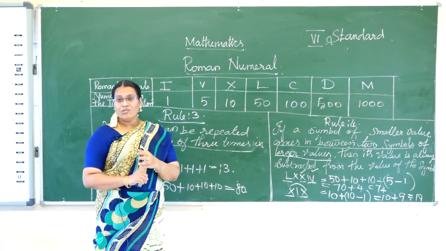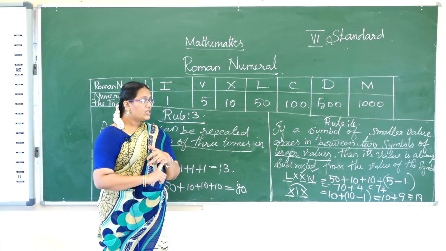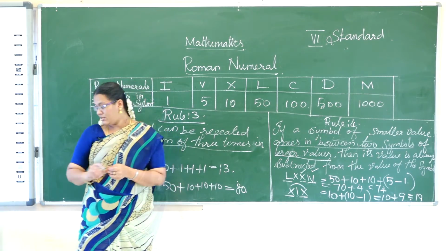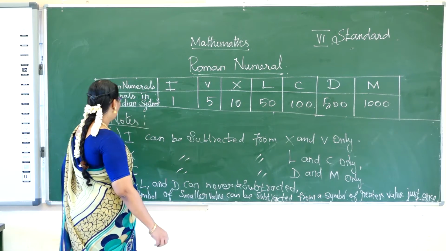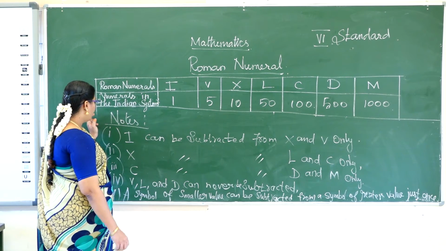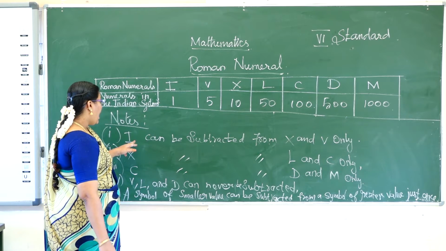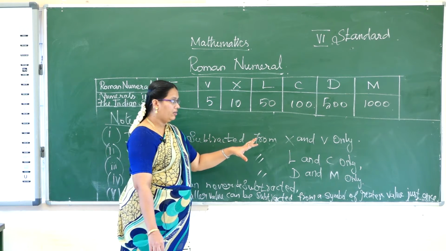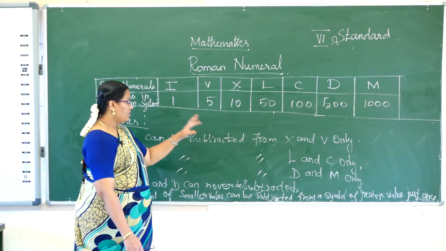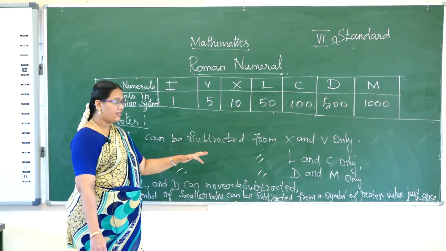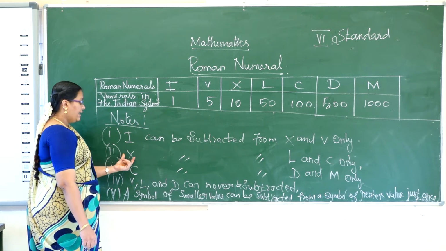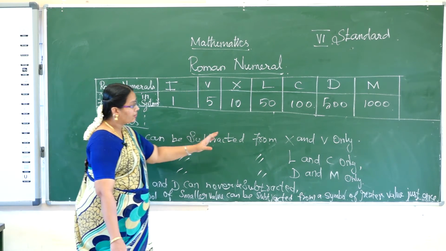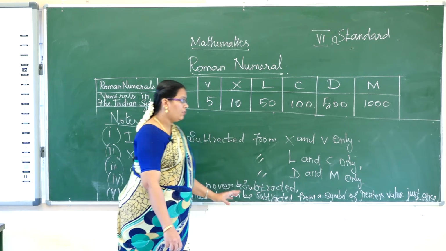Here are some notes, hints for the Roman numerals. Some rules are followed for writing the numerals. So, first rule, I can be subtracted from X and V only. Okay. Other letters are not possible to subtract. And next one, X can be subtracted from L and C only.